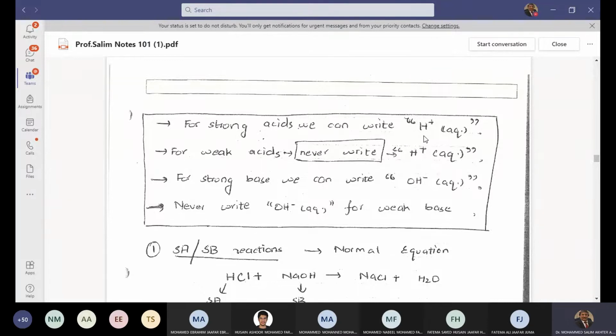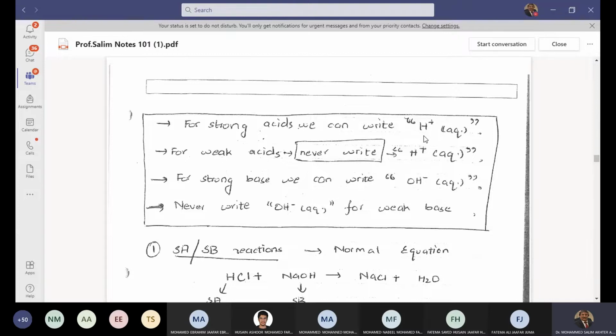So the moment you see H plus in a given equation, it means I am talking about strong acid. But if I have a weak acid like H2SO3, HNO2, H2CO3, any other weak acid, I cannot write H plus. I have to write down as it is.